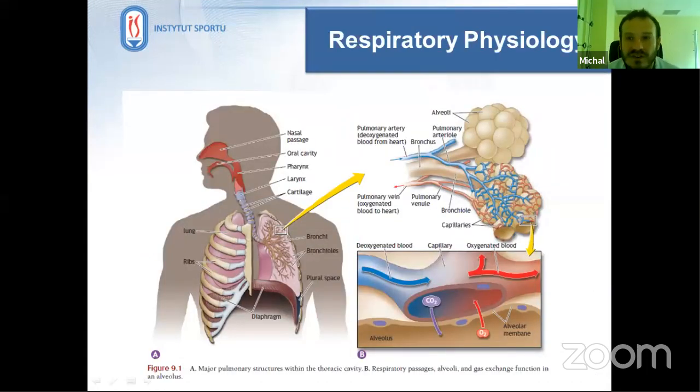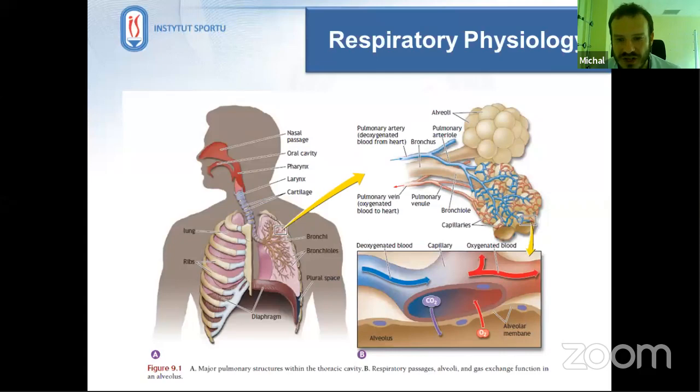So just a quick reminder about respiratory physiology, some anatomy, because you are probably all familiar with it. We have the upper respiratory system, and then the lower respiratory system, just lungs, ribs, and so on, where the exchange of air is done, where the oxygen is taken from the air into the blood and delivered further to the working muscles.